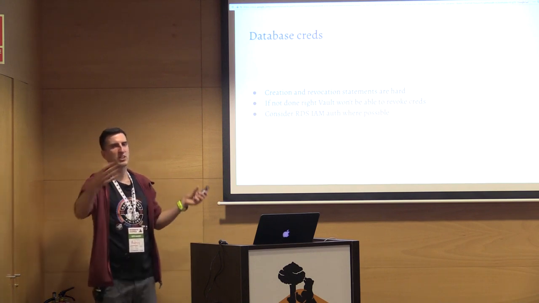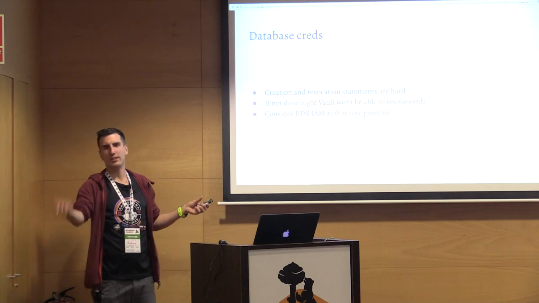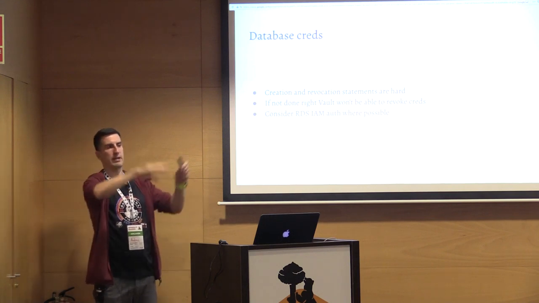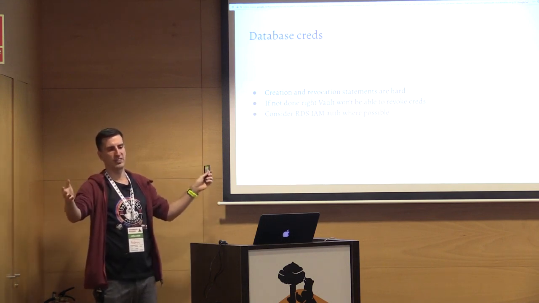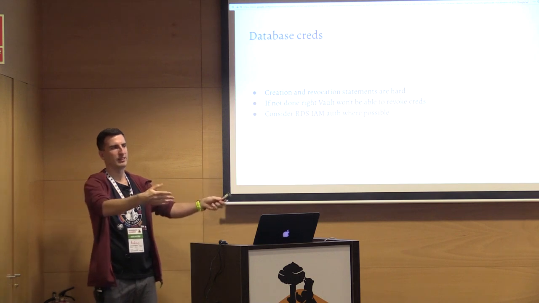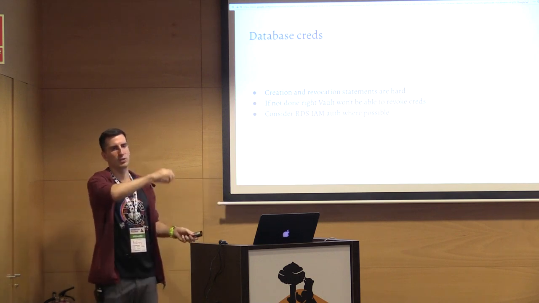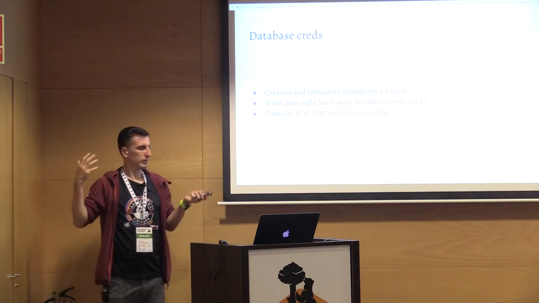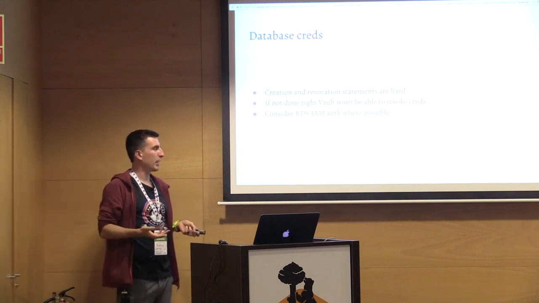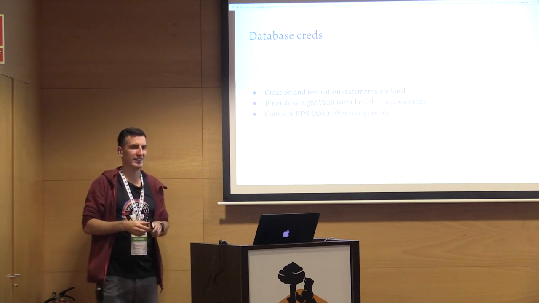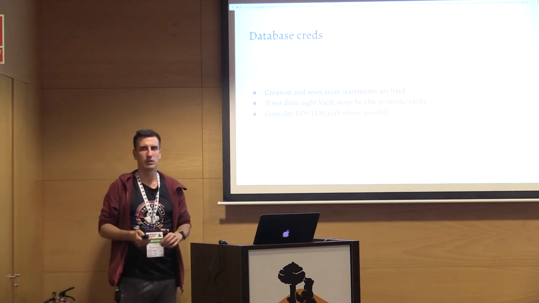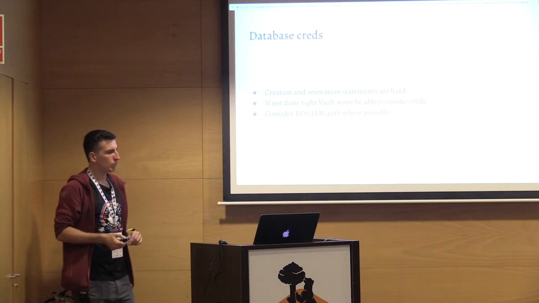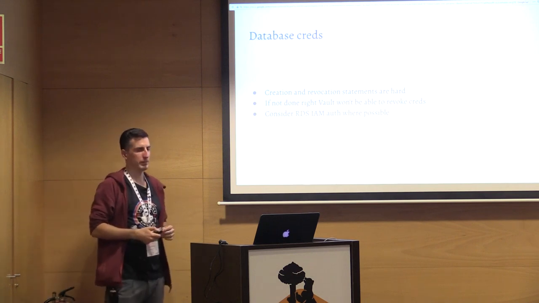So your revocation statement should be very clever. You need to say, well, for every possible thing that those credentials might create, you have to transfer ownership to this user that is static inside, which is hard. I mean, I spent a couple of hours to get those right. And if you have a DBA around you, then use their help because this is hard.